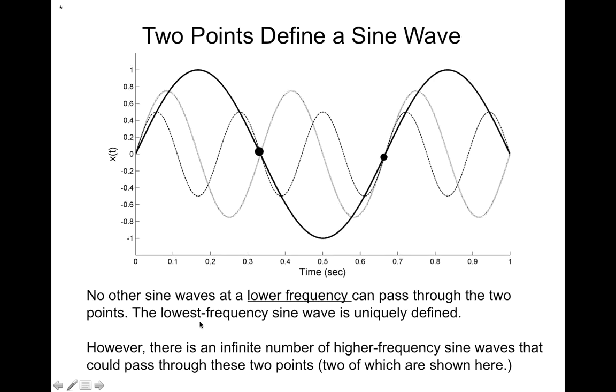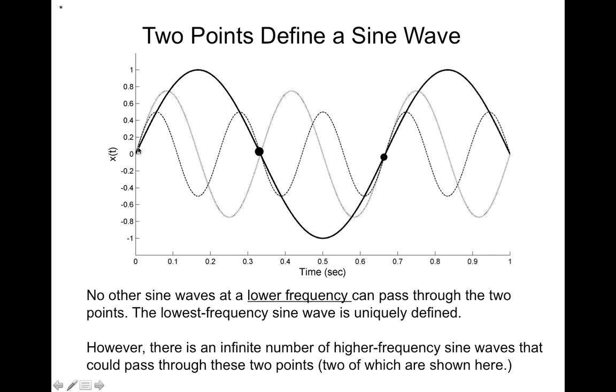So here's an example of 2 points defining a sine wave. If we look at this signal, we see that we've sampled it at these 2 points. There are signals with higher frequencies that contain those 2 points.